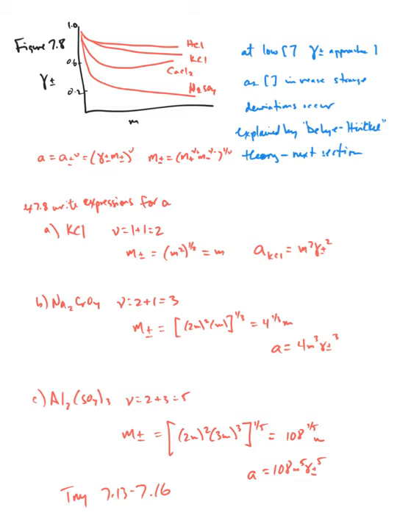Let me write down those terms again. A plus minus is the mean ionic activity. M plus or minus is the mean ionic molality. And gamma plus minus is the mean ionic activity coefficient.